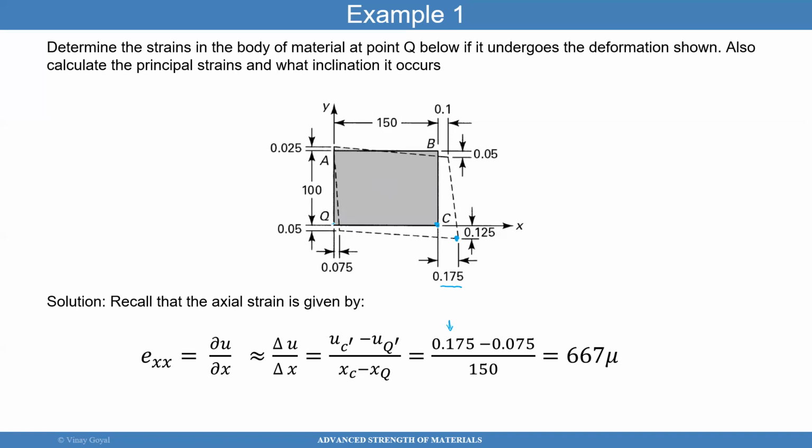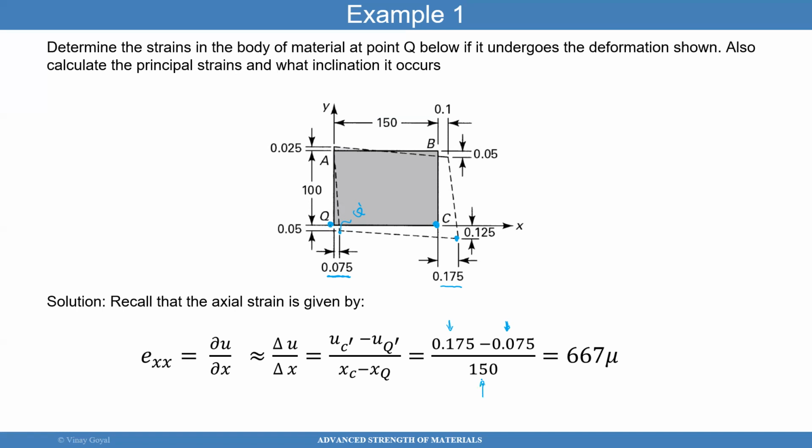This point Q moved to Q prime an amount that's 0.0075. So this is that amount there. And then the original length of CQ is known as 150. I know what the length is, from Q to C, and that amount is 150. So you can see that there.